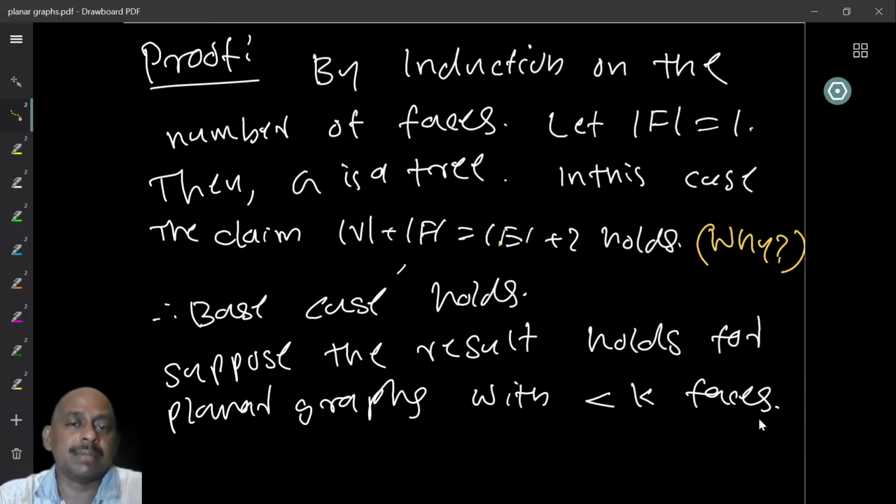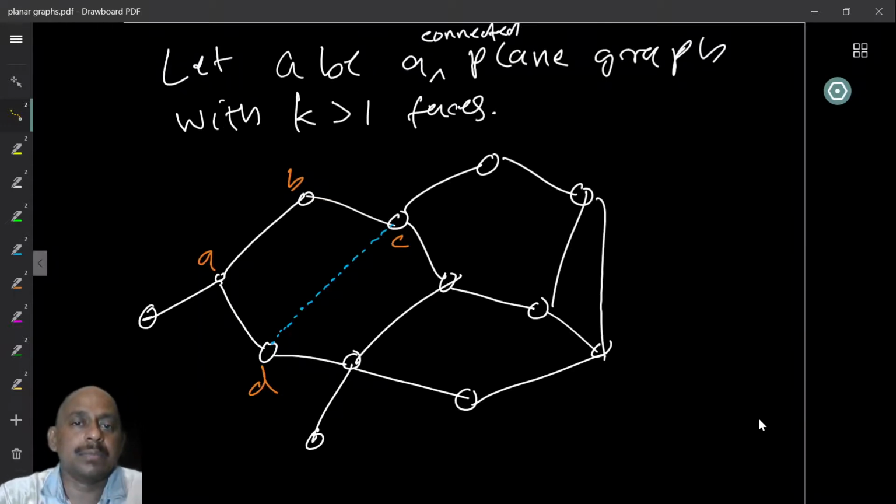Once we have the base case, we can assume the result holds for all planar graphs where the number of faces is less than k, for some k greater than 1. So assume that the result holds for connected plane graphs with k greater than 1 faces.